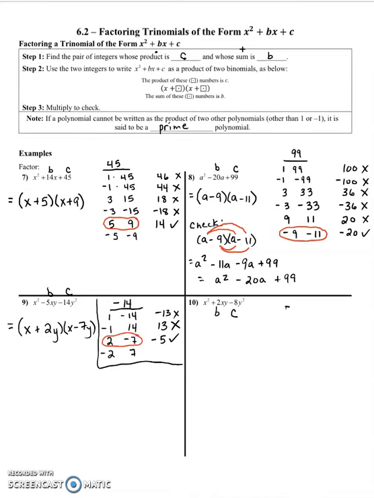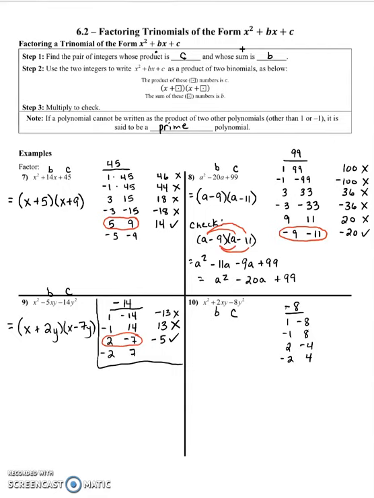So we need to find everything that multiplies together to give us negative 8. Well, that's 1 and negative 8, negative 1 and positive 8, 2 and negative 4, or negative 2 and positive 4. And it has to add to be positive 2.